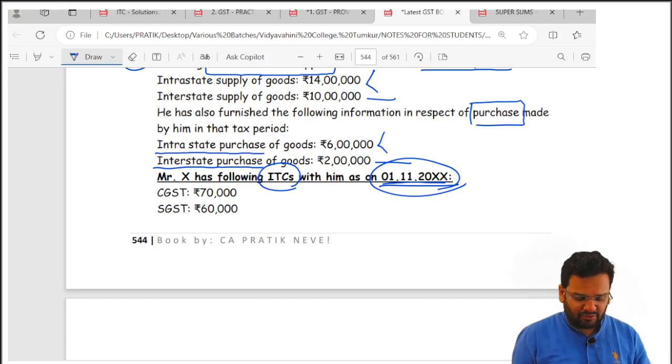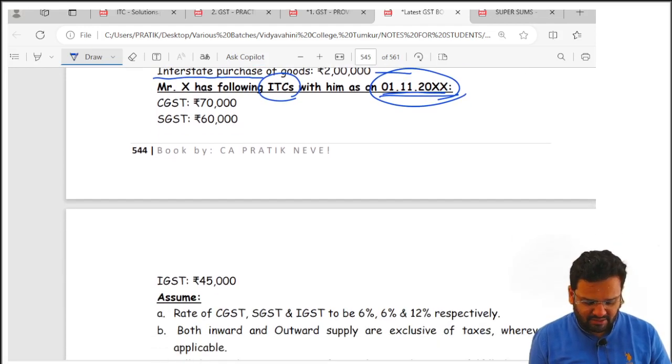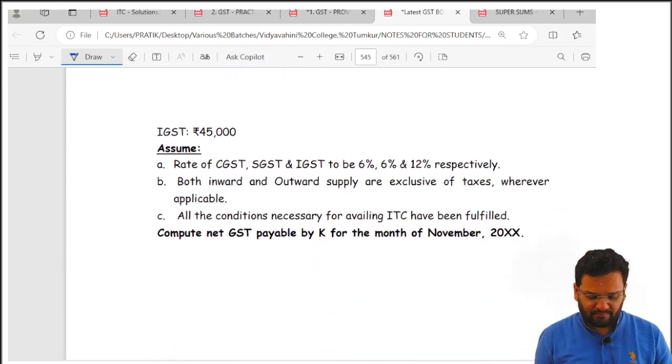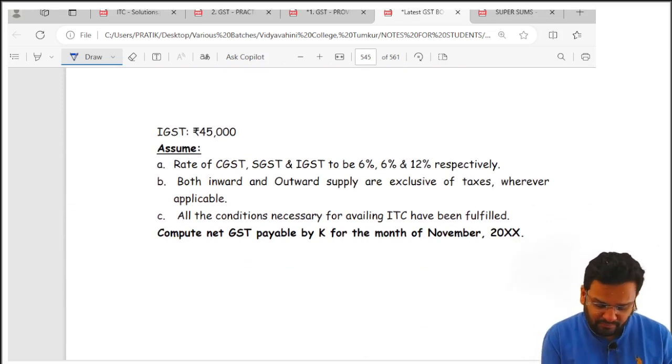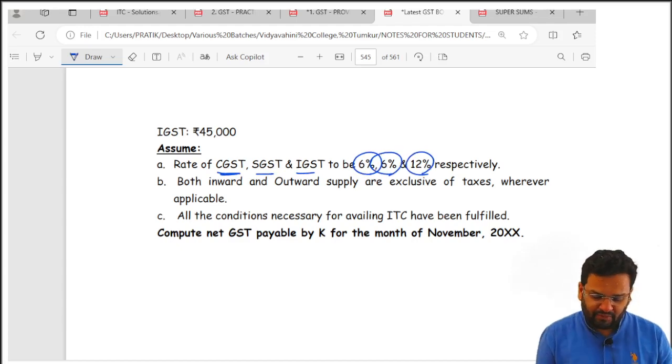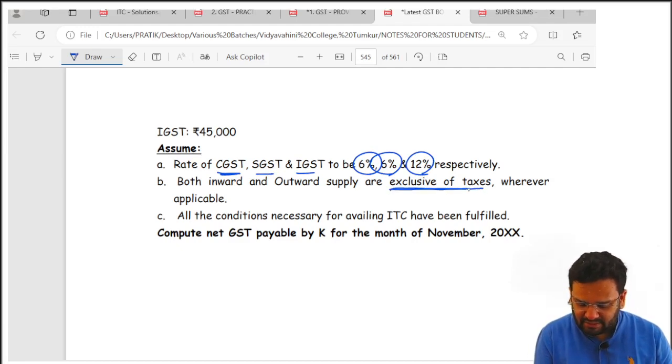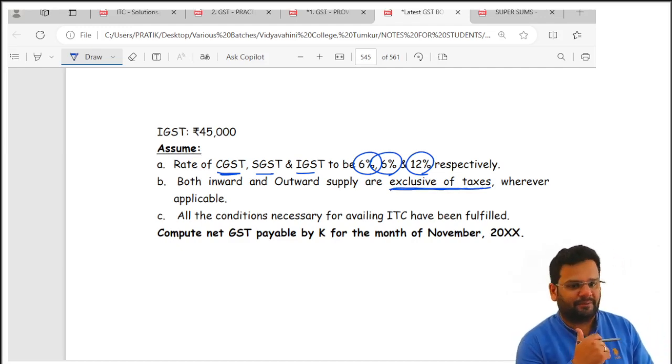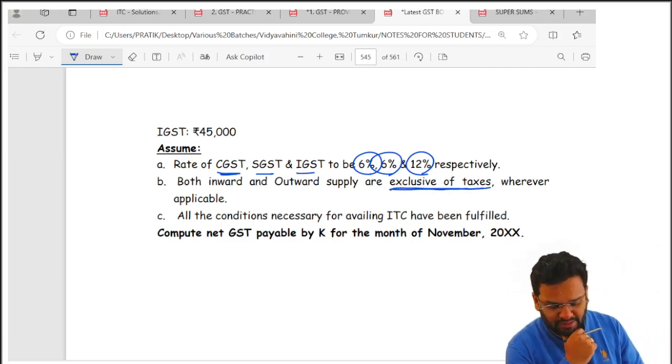CGST is 70,000, SGST 60,000, IGST 45,000. Assume rate of CGST, SGST, IGST to be 6 and 12. Inward and outward supply are exclusive of taxes and all conditions necessary for availing ITC have been fulfilled. Compute net GST payable by K for the month of November.